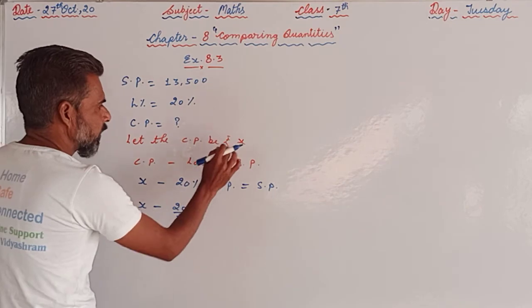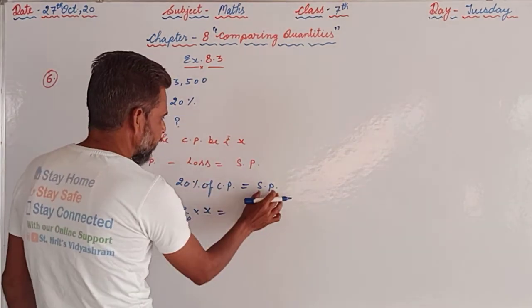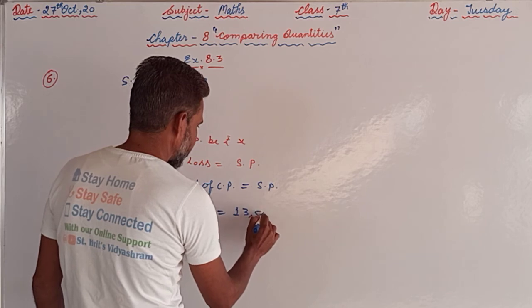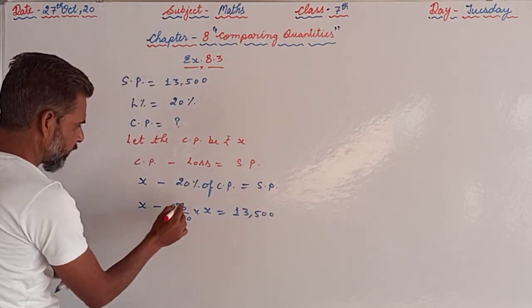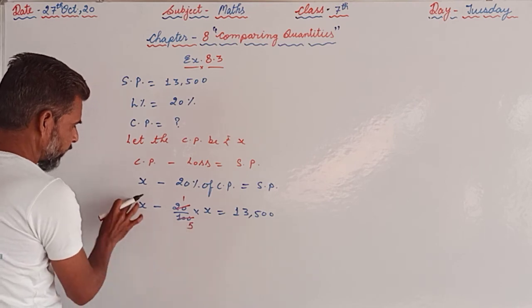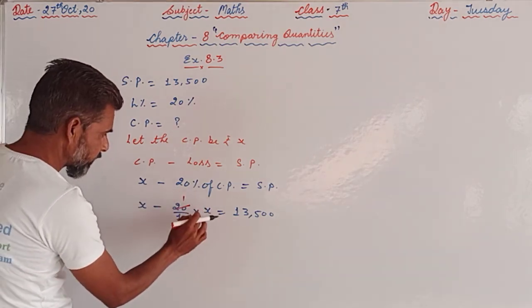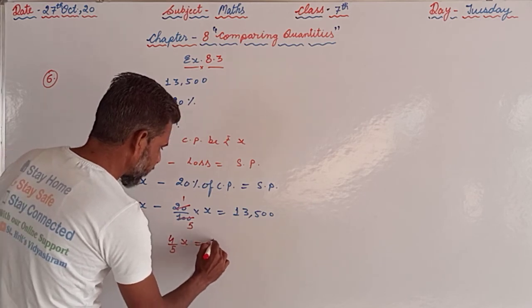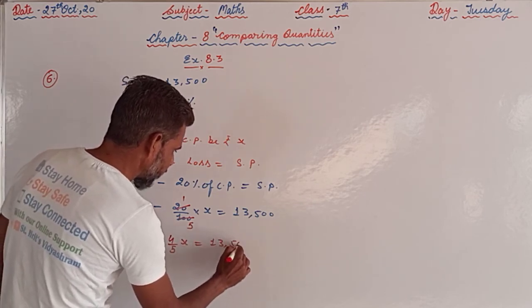CP we have assumed is X, and the SP is given, that is 13,500. From here we can say that 5x minus 1x, that is 4 upon 5x, is equal to 13,500.